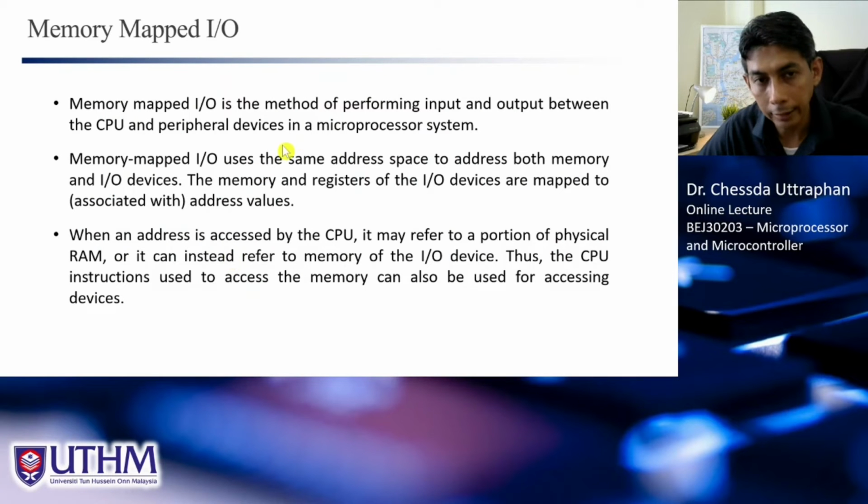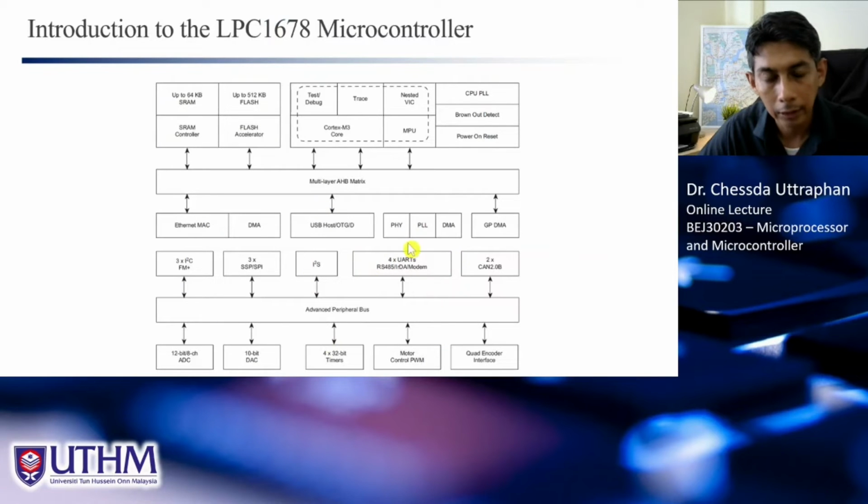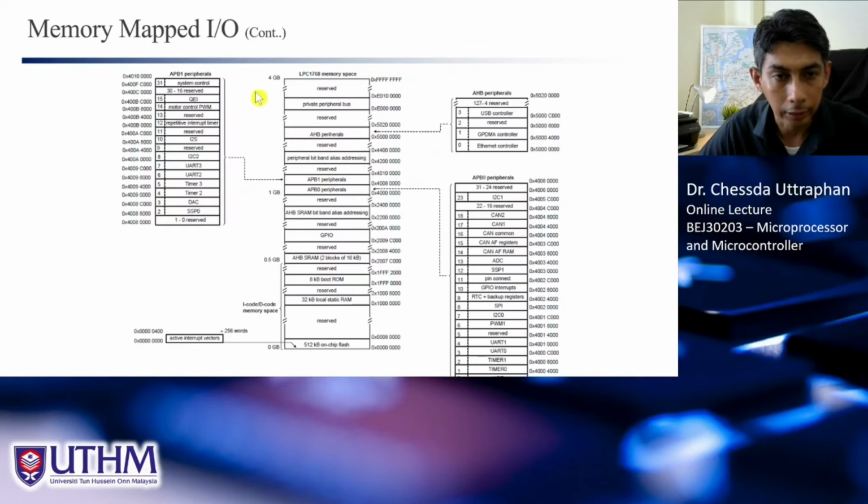So actually, this peripheral is mapped to the addresses of this microcontroller processor core in the memory map. Here, remember this. This is the memory range of the ARM Cortex M3 microcontroller, where we have a 32-bit address, right?